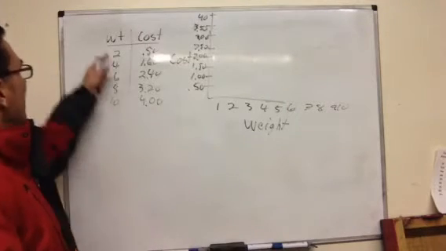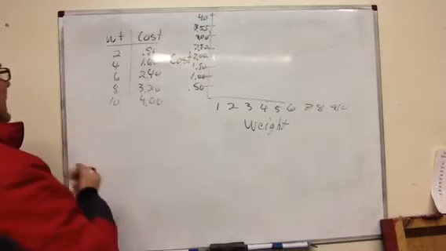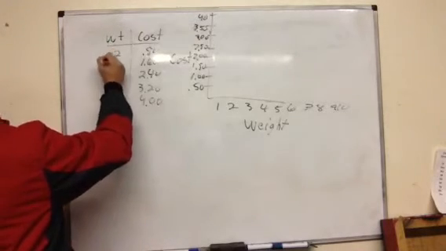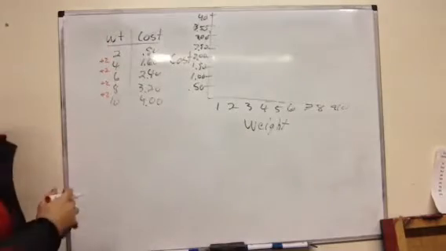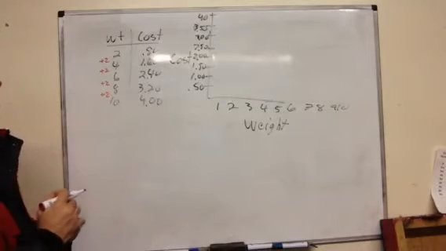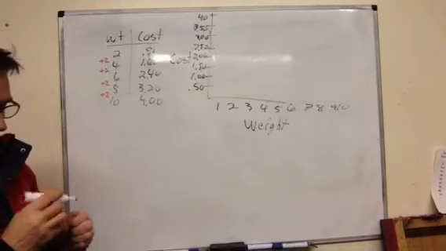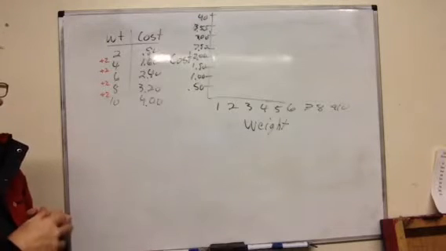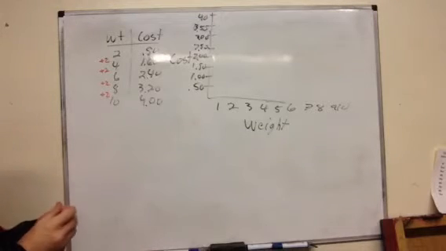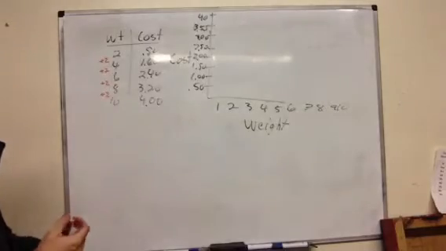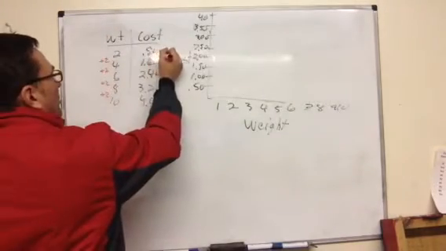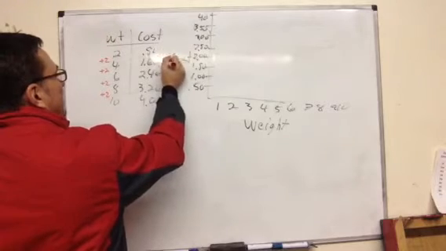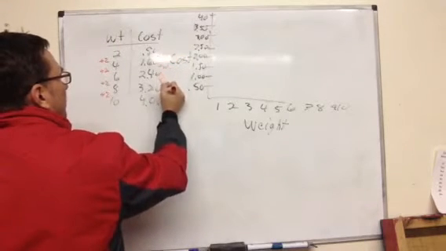Well, I'm looking at my weights here. Each time I'm going up by 2. That is a consistent pattern. That's what we're looking for. Again, we're going to be focusing on linear functions. Things are going to make lines. Things are going to be consistent. If we look at the cost, we notice it's going up by 80 cents each time.